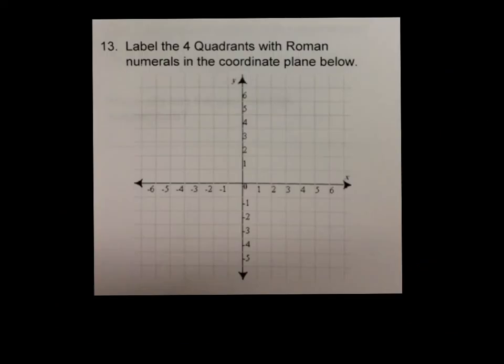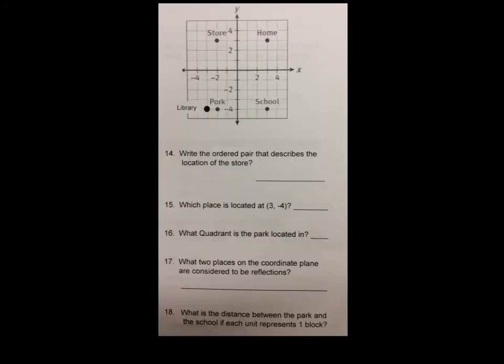Number 13, all we have to do for this one is label the quadrants. So this is quadrant 1, quadrant 2, quadrant 3, quadrant 4. Makes a big letter C. Number 14, the ordered pair that describes the location of the store. So remember, X is always first, and then Y. So the X for the store would be -2, and the Y for the store would be +3.